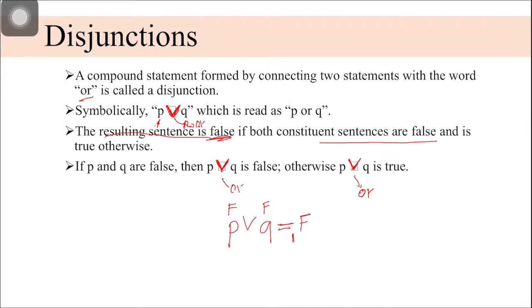So if statement P is false and statement Q is false, and we connect them with the word or, this symbol, then the resulting sentence is false. Otherwise it is true. So if the statement P is true and the statement Q is true, then the answer would be true.